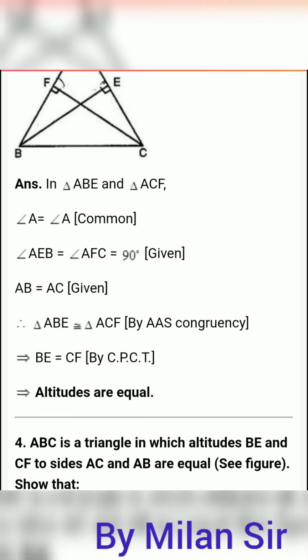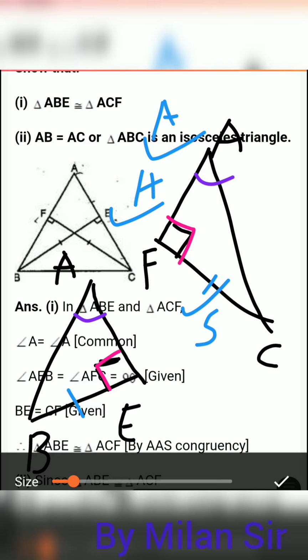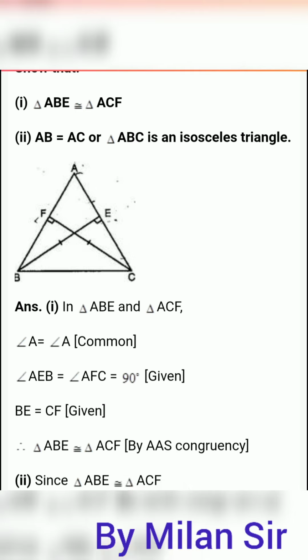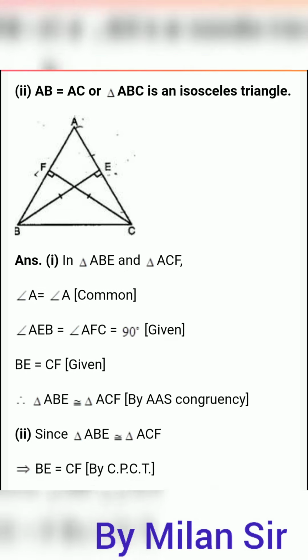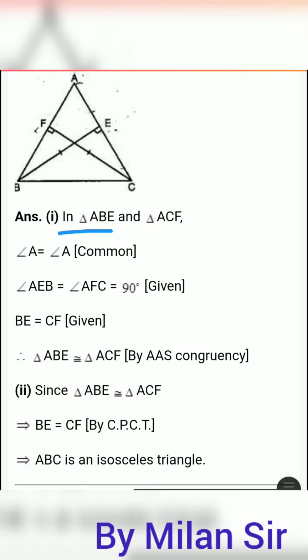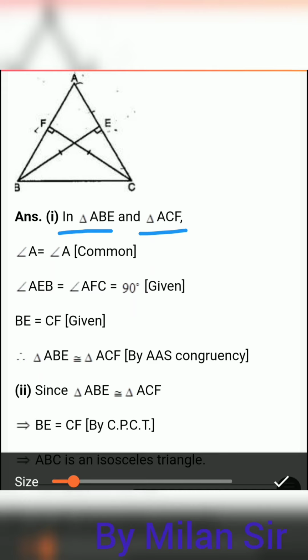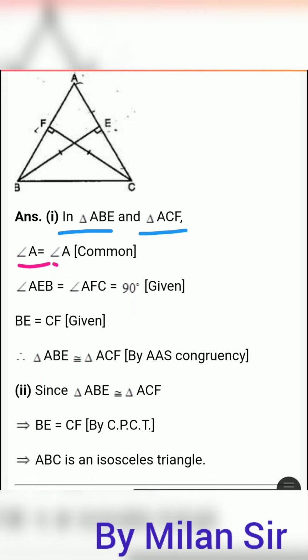So we can say that these two triangles are congruent by using the AAS criteria, angle angle side. Here in triangle ABE and triangle ACF, angle A is common.